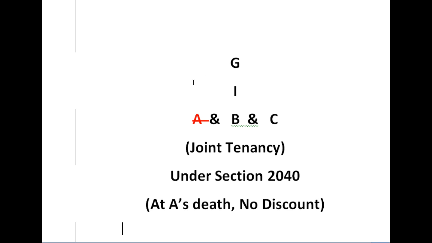Basically, since it's received by gift, you include 1/3 of that property. But remember, under Code Section 2040, there is no wiggle room for a discount, and this has been litigated.